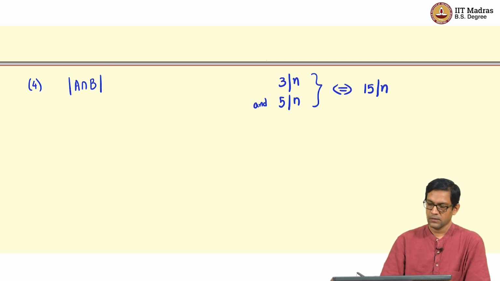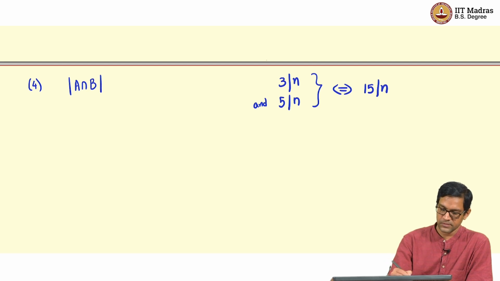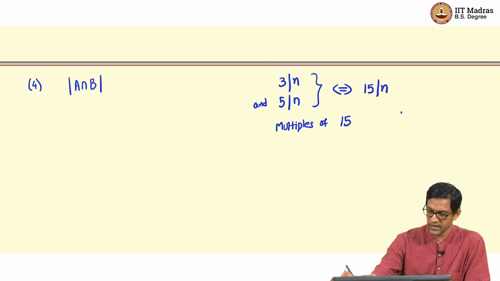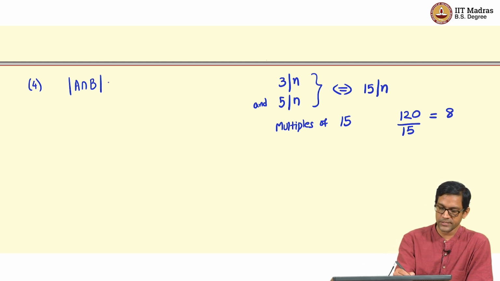Therefore we are looking at multiples of 15. So how many multiples of 15 will you have between 1 and 120? Well, that is 120 divided by 15, which is 8. Again only half of these are odd numbers, so A intersection B is in fact just 4.